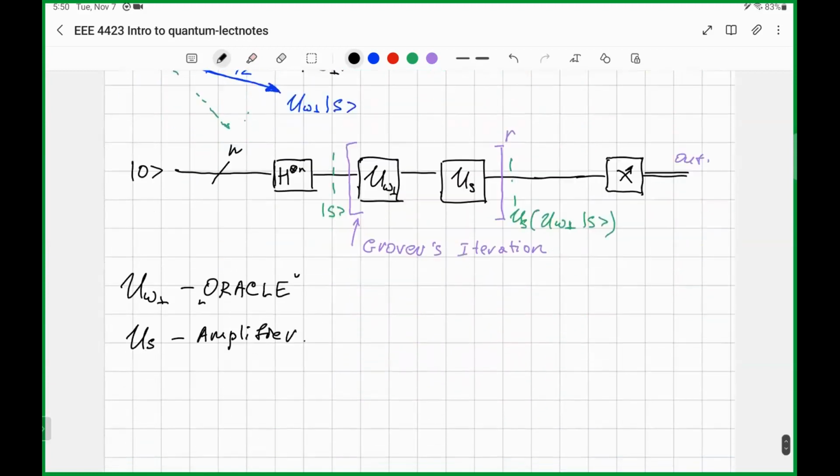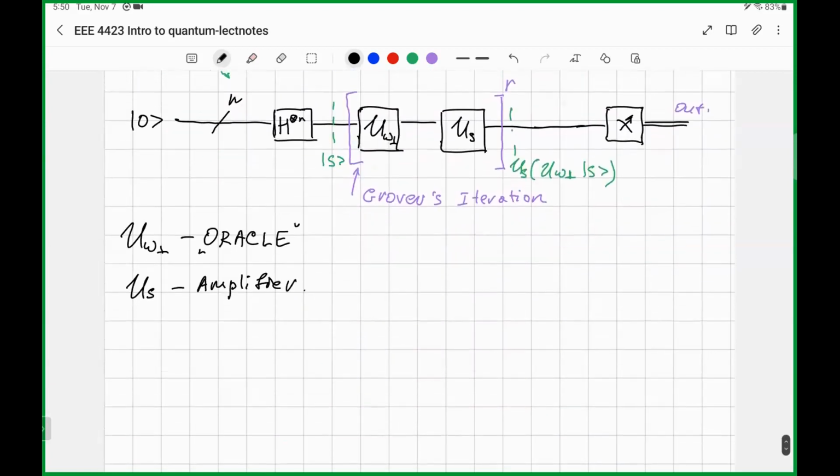And I designed this algorithm so that, starting from the 0 state in all 3 qubits, the result of the measurement gives me the element I am searching for.